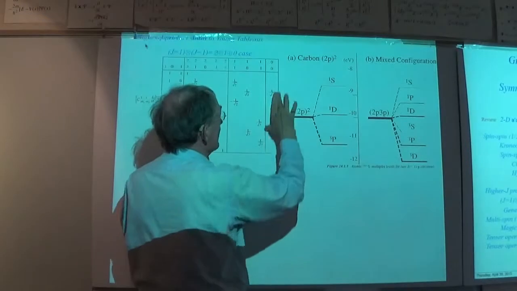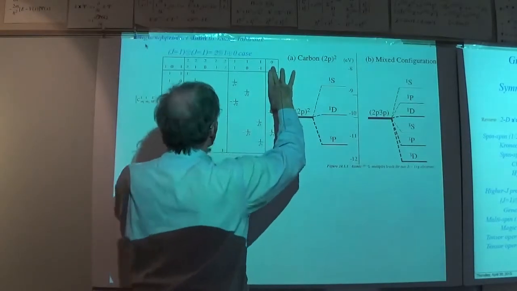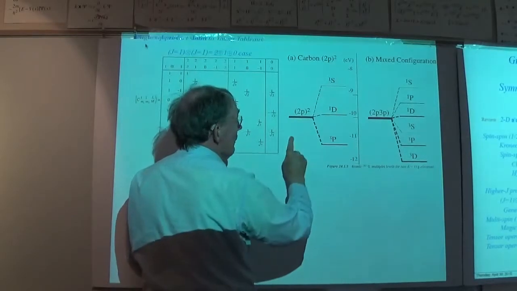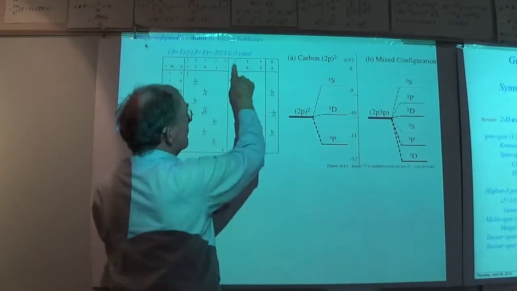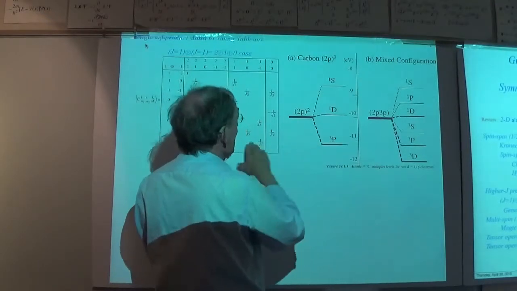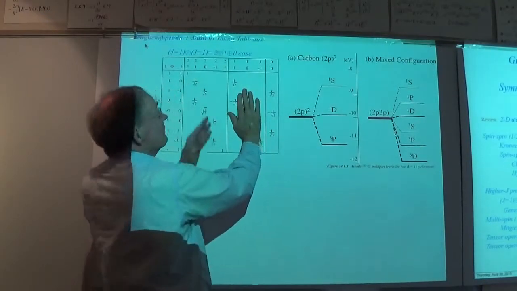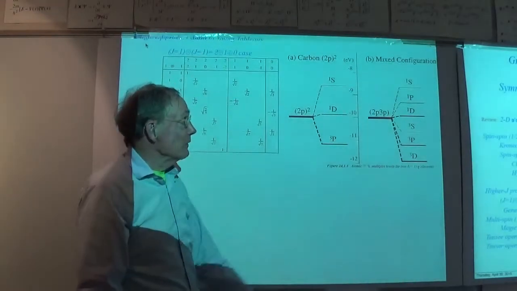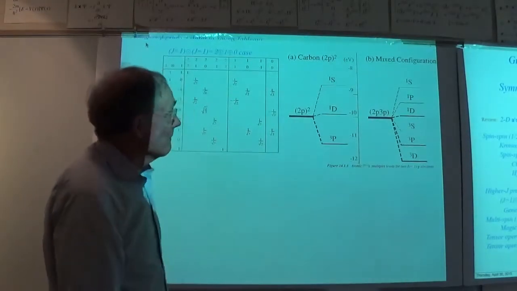So the two symmetric things, big S and big D, they get to have a singlet, whereas the P, which is this one, angular momentum 1, has to stick with the triplet. It's anti-symmetric in orbit, so therefore the spin part has to be symmetric, and symmetric spin gives you a triplet, as we just showed.